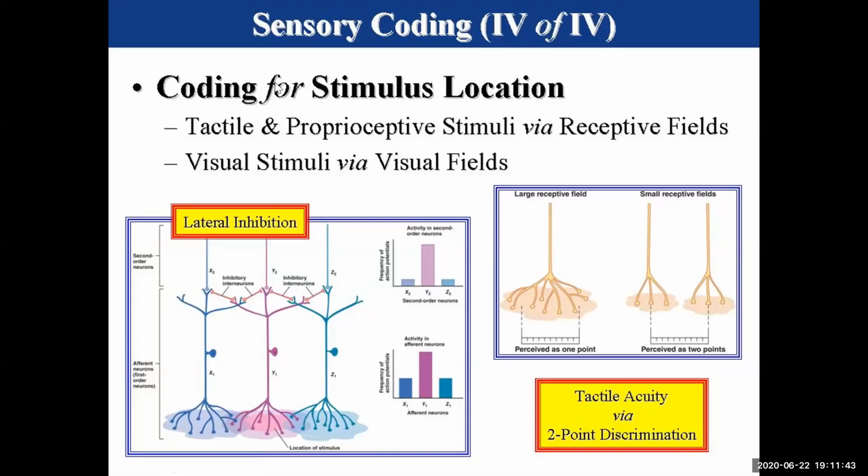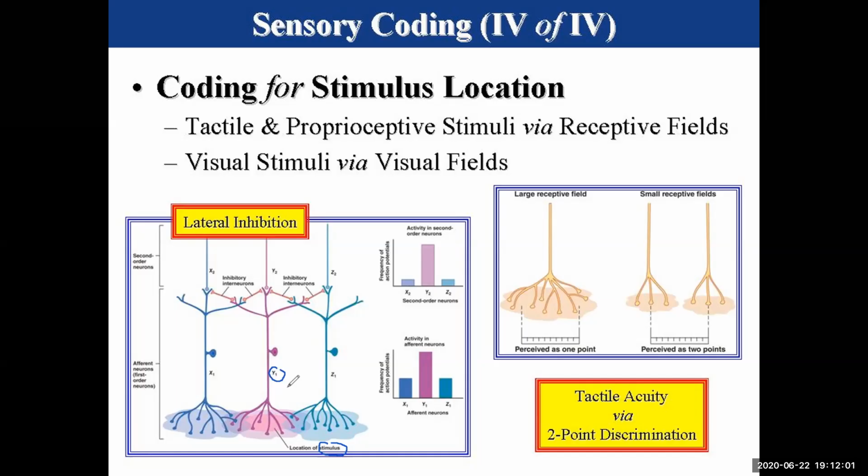So, for example, the stimulus is activating specifically the pink neuron, the middle neuron, Y1, right? It's activating Y1.